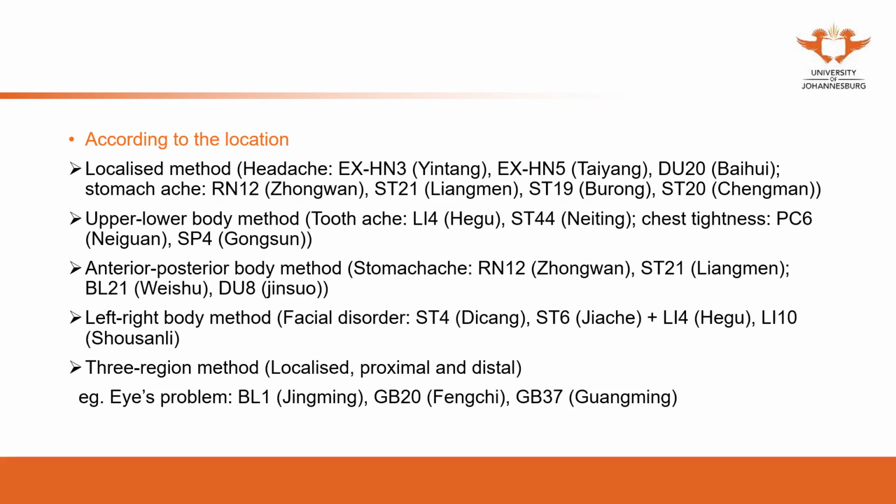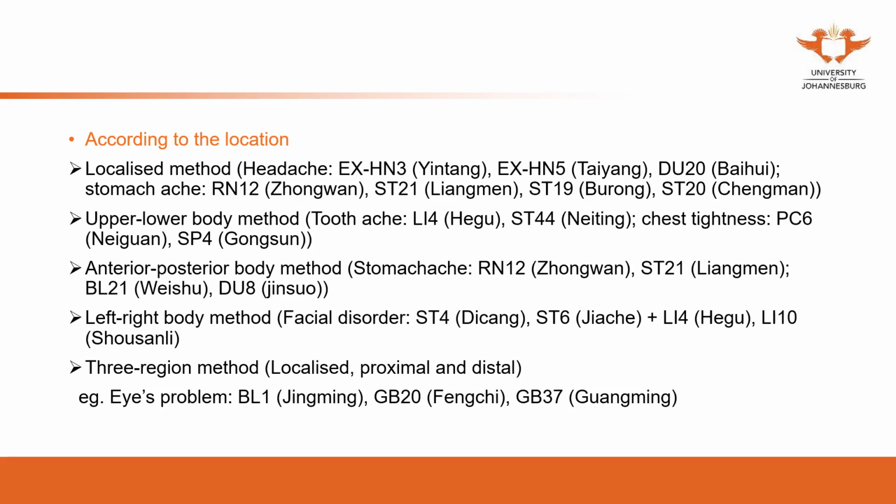Then I'm going to use the points on the left side, stomach 4 to stomach 6, or individually. And then I'm going to use the points on the right side. So for the left side problem, I'm going to use the right side, large intestine 4 and large intestine 10. These are the left and right body techniques.